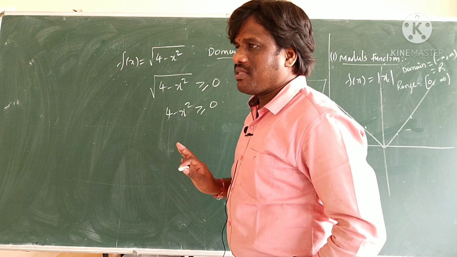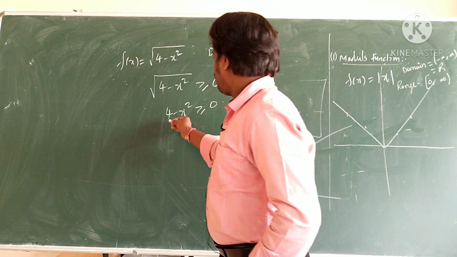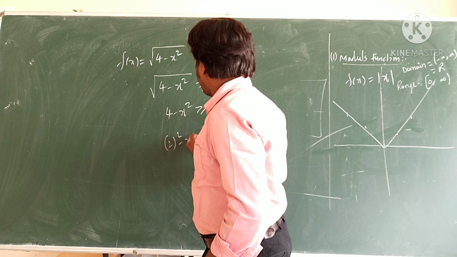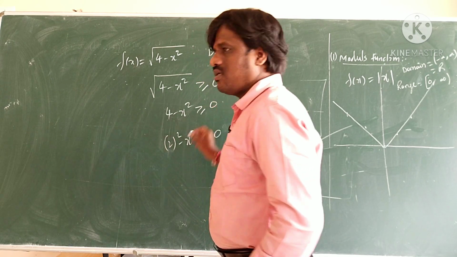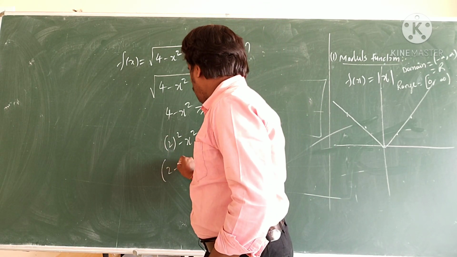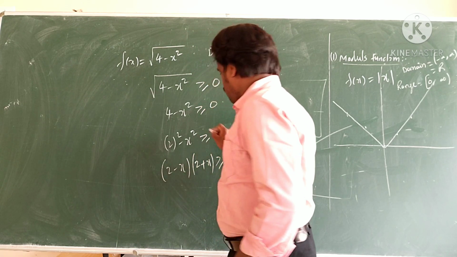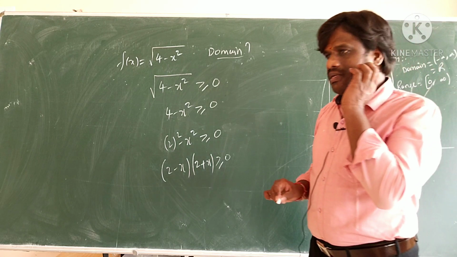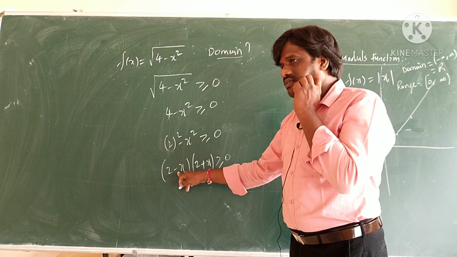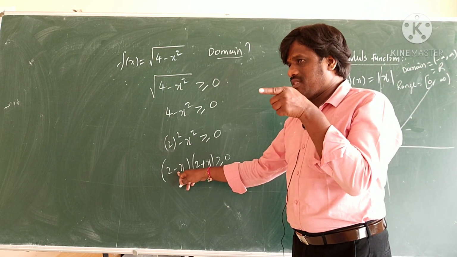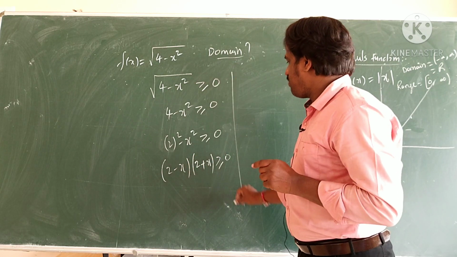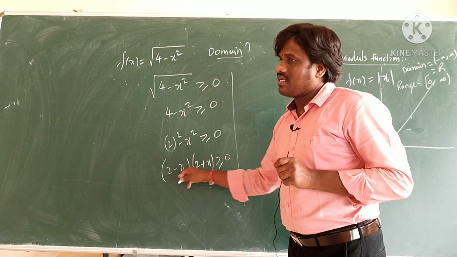As per the wavy curve method, I can write this as 2 square minus x square greater than or equal to 0. Then this I can write as (2 minus x)(2 plus x) greater than or equal to 0. But here we should not have minus for the wavy curve method. So I have to multiply by minus on both sides.